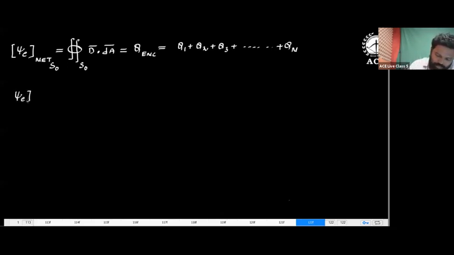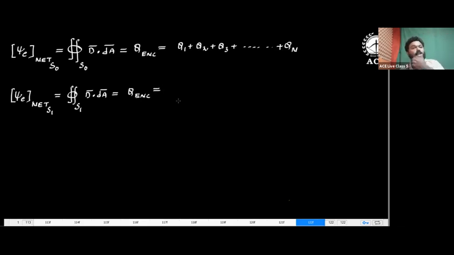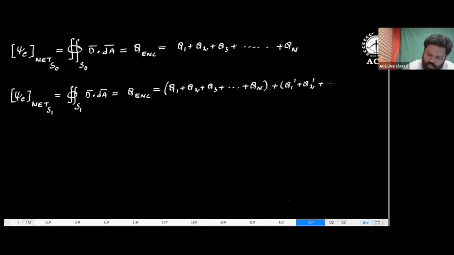Net electric flux from the S1 surface is equal to the closed surface integral over S1 of D dot dA, which is equal to Q enclosed, which has the Q charges as well as the Q dash charges, isn't it? So here it is: Q1 plus Q2 plus Q3, and so on up to Qn, plus Q1 dash plus Q2 dash up to Qn dash. Clear? So this example clearly illustrates the Gauss law.